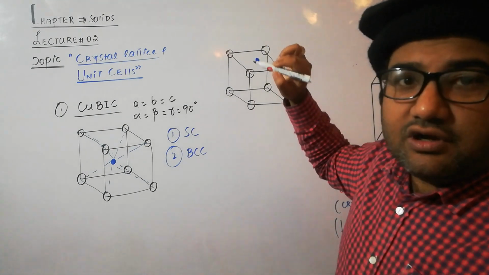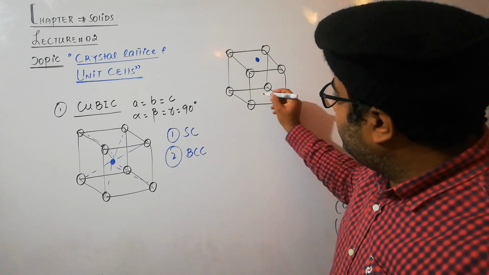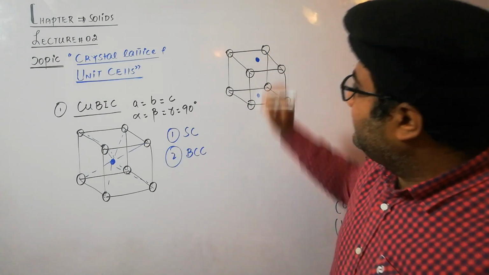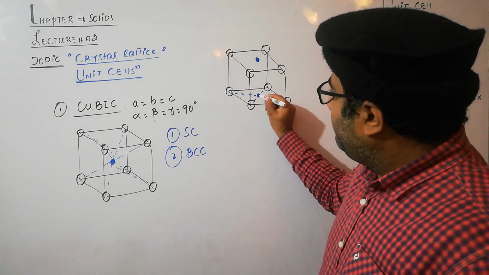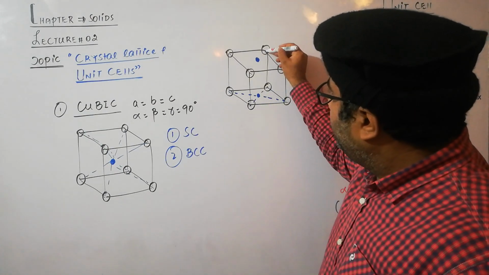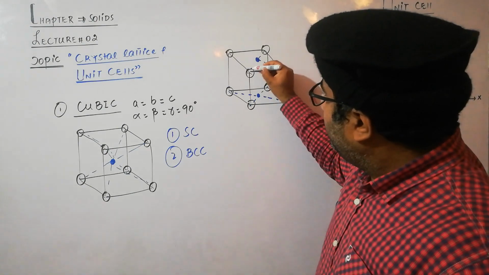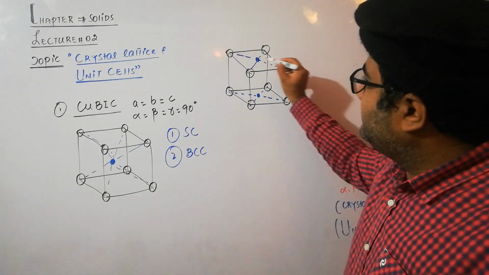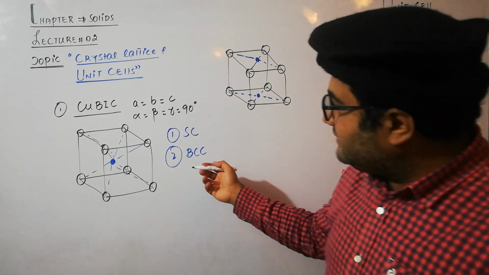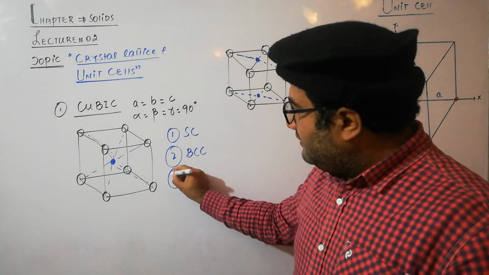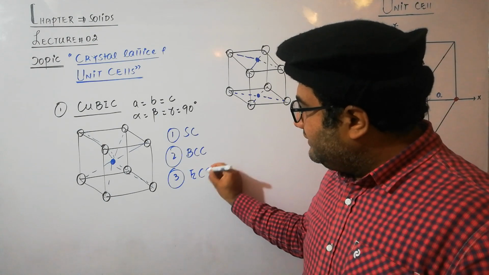Usually those opposite faces are the top one and the bottom one, like this. This is the third type, which is called the end centered cube.